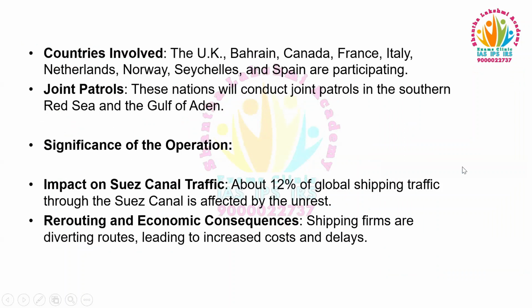And the countries involved in this naval exercise: the UK, Bahrain, Canada, France, Italy, Netherlands, Norway, Seychelles, and Spain are participating. These nations will conduct joint patrols in the southern Red Sea and the Gulf of Aden. The significance of the operation is mainly its impact on Suez Canal traffic.